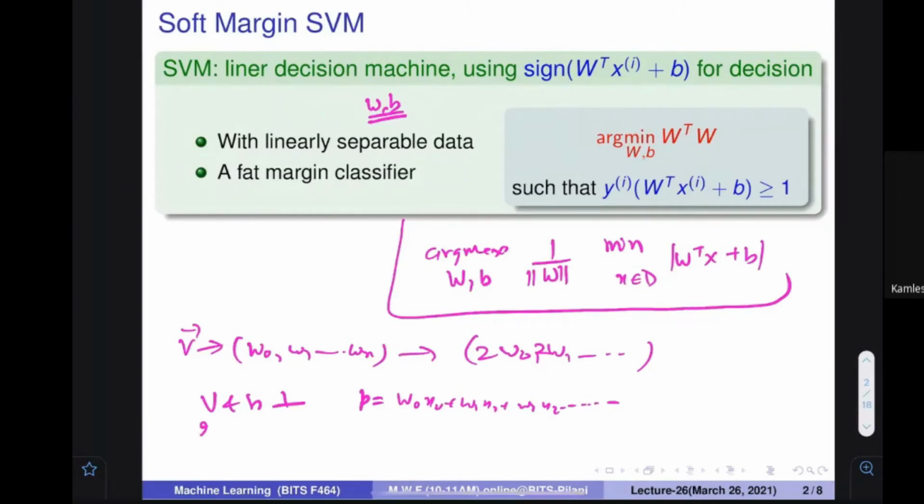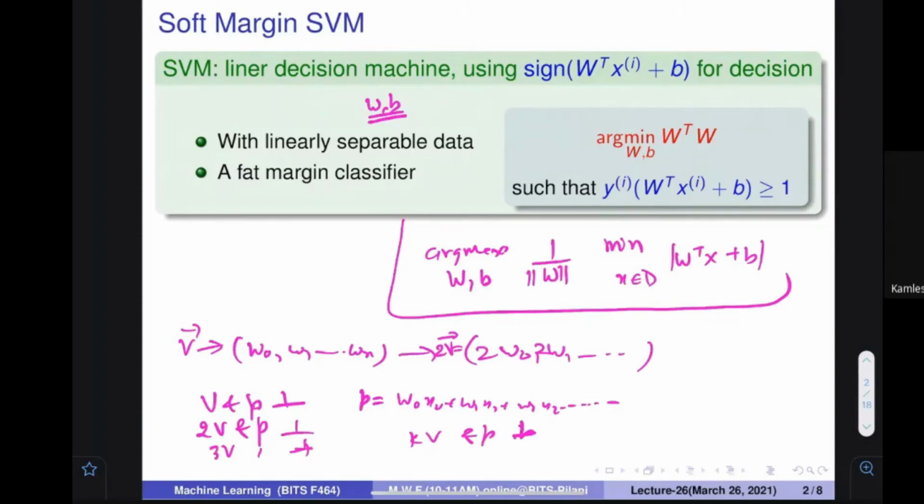If I ask you what is 2V and P, what can you say about them? Let's assume that this is 2V. What is the relationship between them? They are also perpendicular. In the same way, 3V and P are also perpendicular. In the same way, KV and P are also perpendicular. Means what?